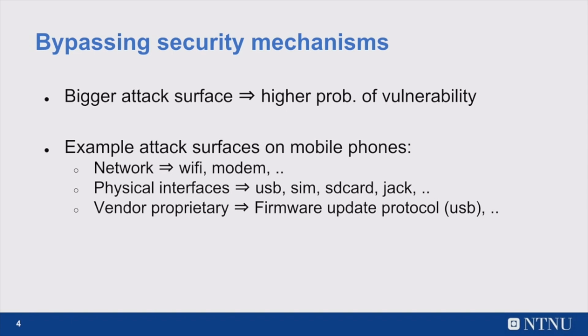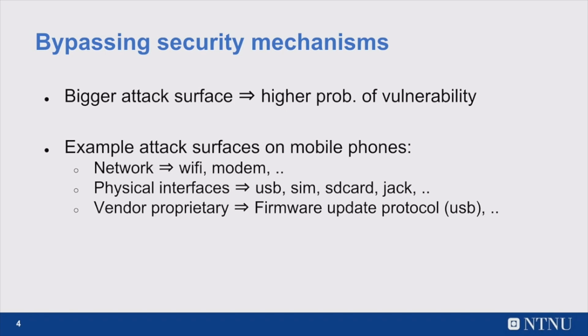And this gives us a possibility to maybe install unsigned firmware or signed firmware on the device. And of course, this increases the attack surface. We have seen other people use this ODIN protocol to read RAM dumps from the device.